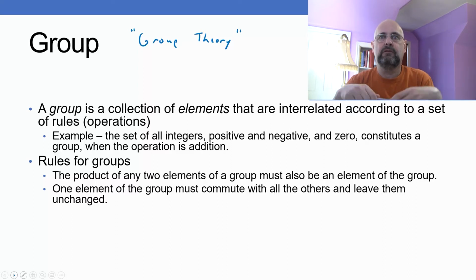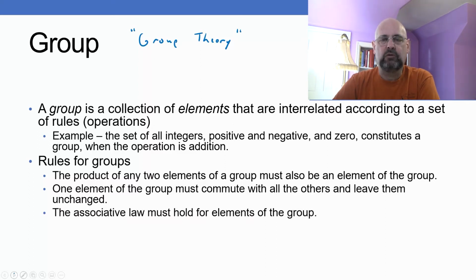So if I were talking about real numbers and the operation multiplication, that element would be 1. Multiply by 1, I get the same thing back. If it's integers and addition, that element is 0.